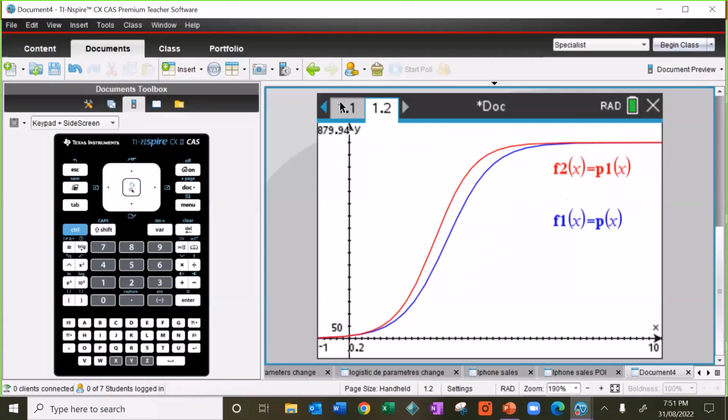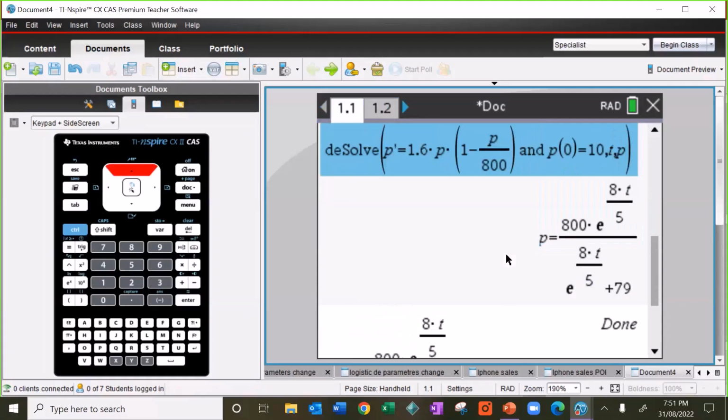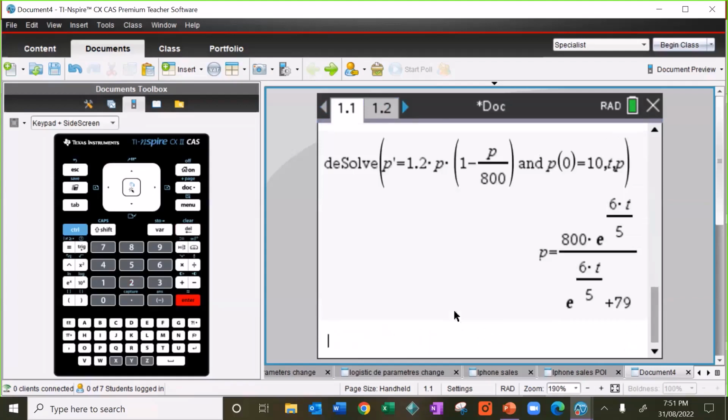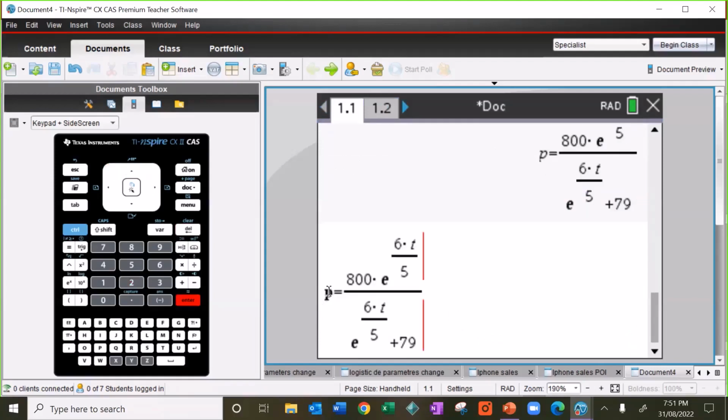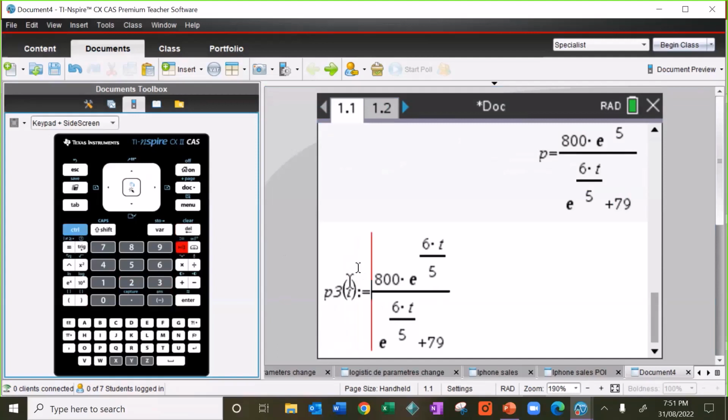Let's try one more, but you are getting the picture. So we used 1.4, 1.6. Let's try 1.2. And again, I will say that this will be P3 in P, and we have to change equals to a sign.